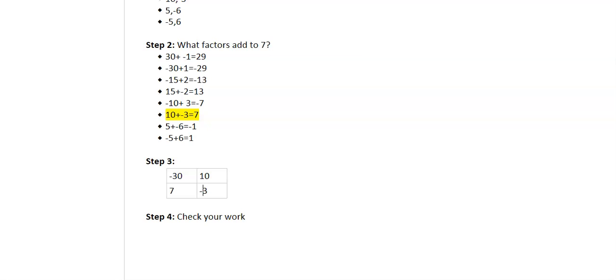I can go ahead and check my work again. 10 times a -3 is -30, and 10 minus 3 does equal 7. So we know we did it correctly. Now, sometimes the factors will jump out to you, and you might not always have to list them all out. But if you're getting confused, listing all the factors out is the best way to go, and then figuring out which ones add to get the bottom left.